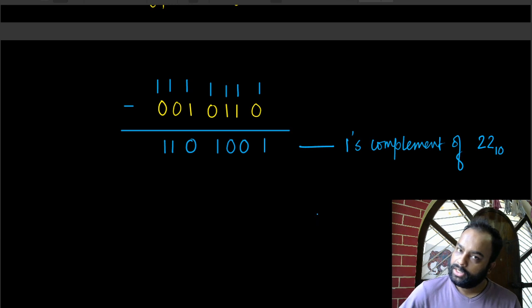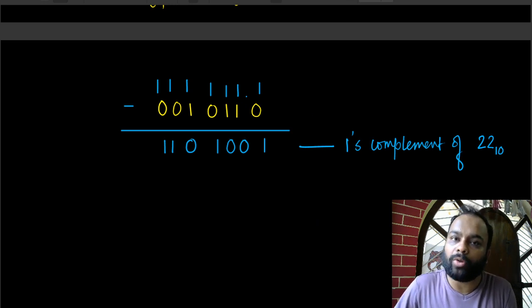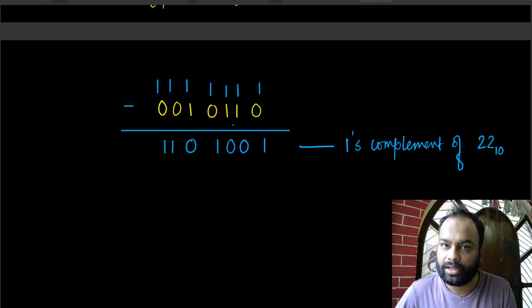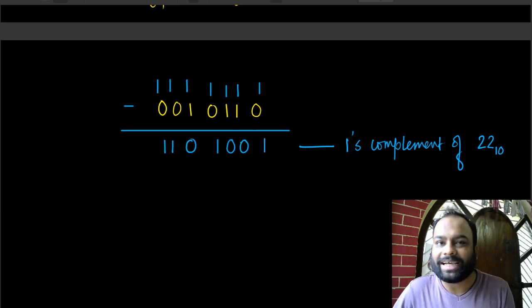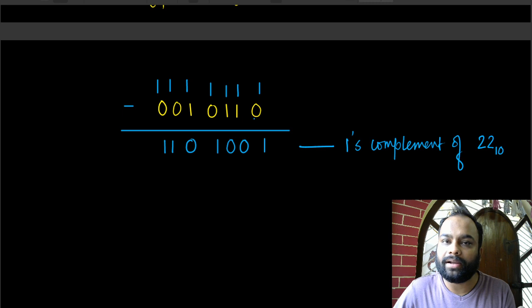Now of course, try to understand that this is not how the computer does ones complement. If you ask a computer to do ones complement, it does not subtract, but for it, doing an XOR operation is easier. How does the computer calculate ones complement? It simply takes the number and XORs it with 1, 1, 1, 1, 1, 1, 1.